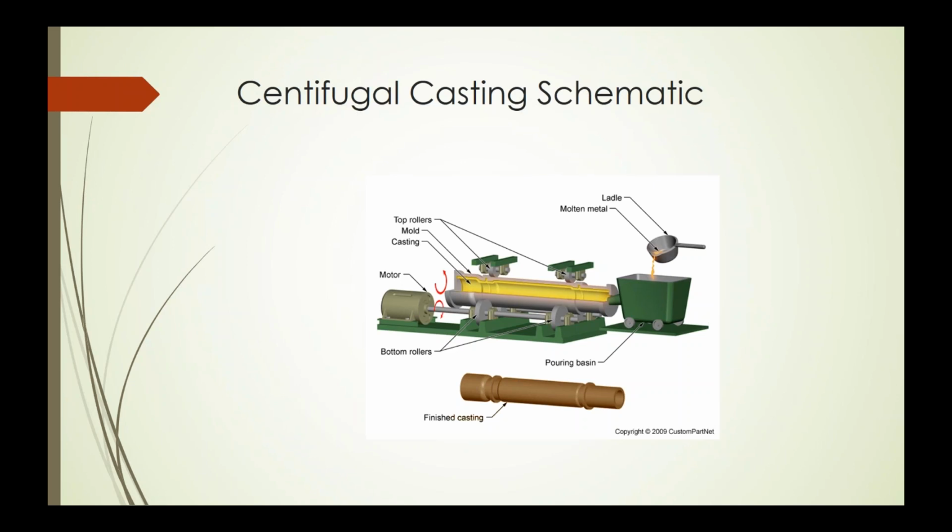The motorized rollers impact the casting mold and start it spinning. You have molten metal at one end where the ladle is pouring into the pouring basin, and that metal at temperature is poured into this rotating mold.